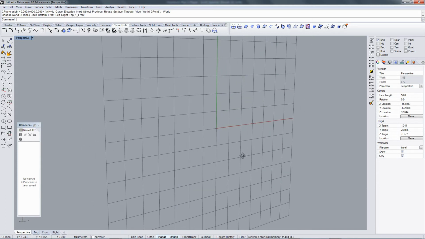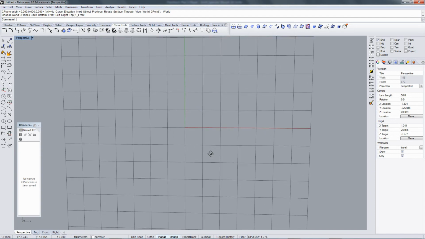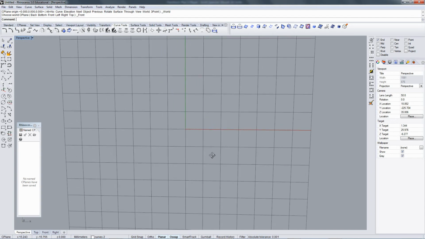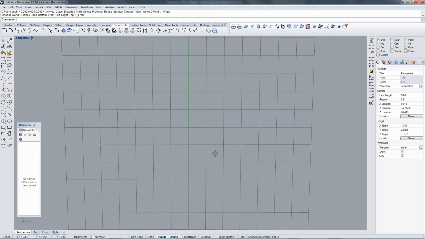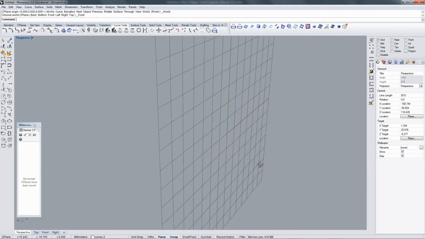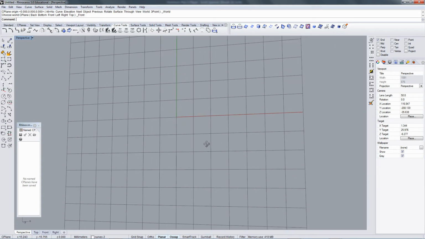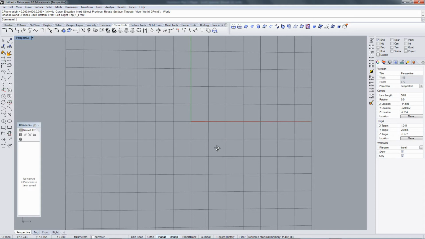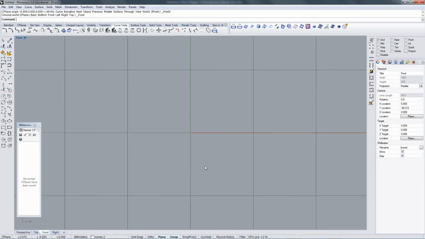Now if I lock my camera to a perpendicular relationship to this C-plane, right now this is a perspective camera so I can revolve around, but if I lock it so it can only be perpendicular to the C-plane, then I would no longer have a perspective viewport, I would have a front viewport.